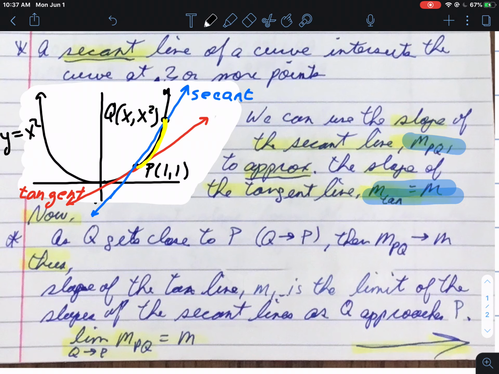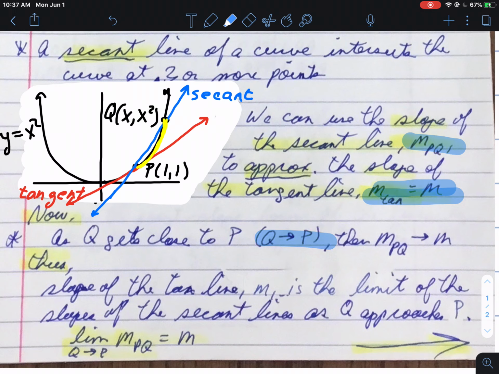So you have to understand the terminology, you have to understand the language, you have to understand the notations. That's half the battle, or maybe 2/3 of the battle in terms of calculus. So when we talk about a tangent line, you have to know what that is. You talk about a secant line, you have to know what that is. And then you have these notations. So we say as Q gets closer to P, or say something like this. It's not what I wanted.